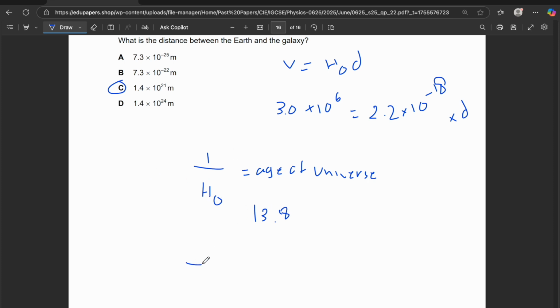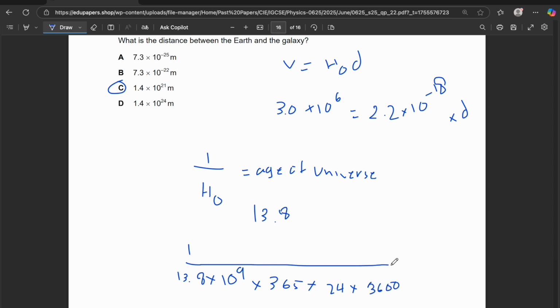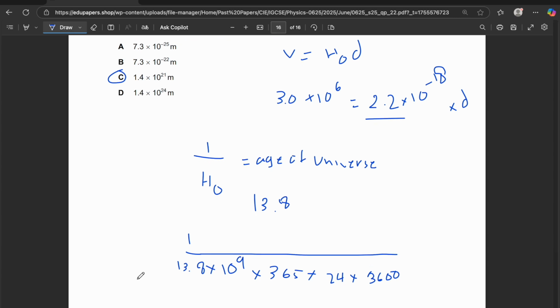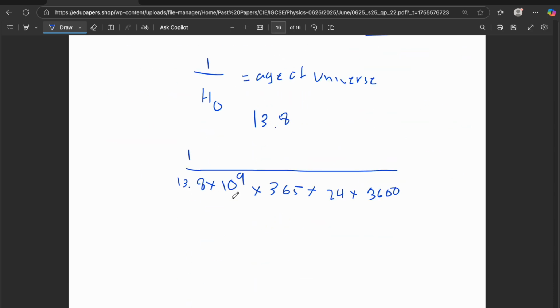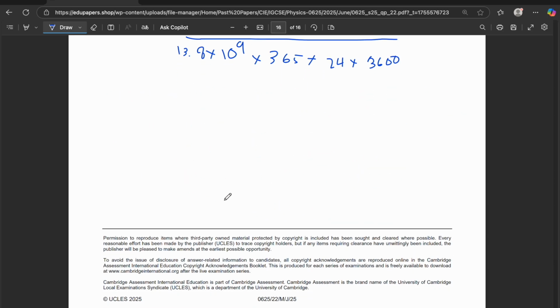So 1 by 13.8 into 10 power 9, this is in years, times 365, 24, and 3,600. So if you don't want to remember this value, you can calculate this on the spot. You get approximately 2.3 something, but the values here are very different, so you can approximate that. So this is the end of the paper, and go back with your studies.